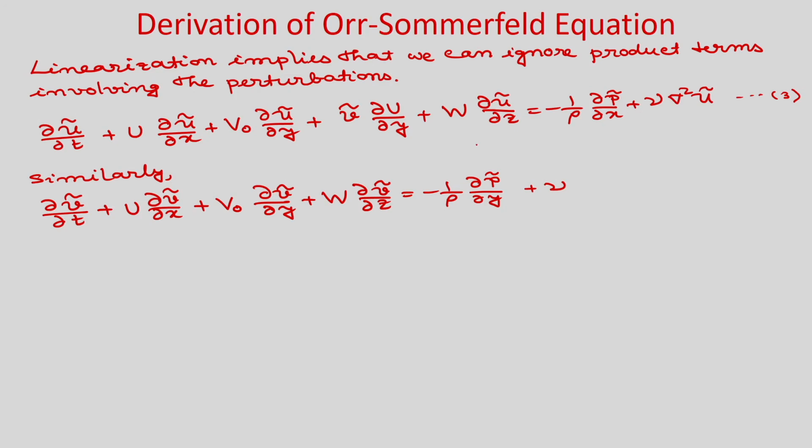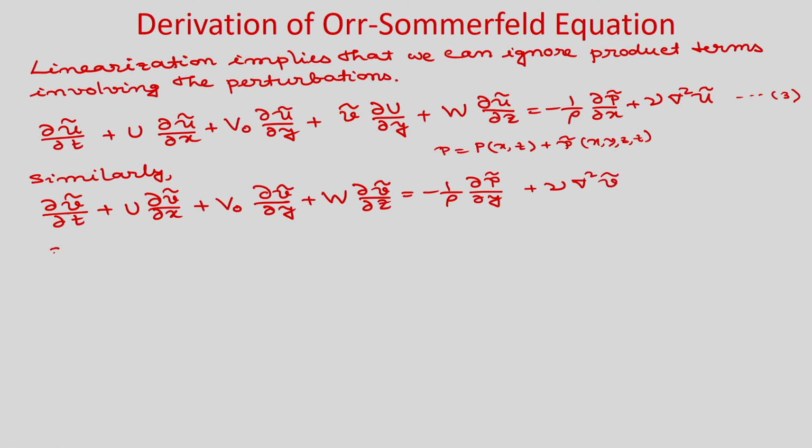So, you can see that p is a function of x, t and p tilde is a function of x, y, z, t. So, it will become only del p tilde by del y plus nu grad square v tilde.